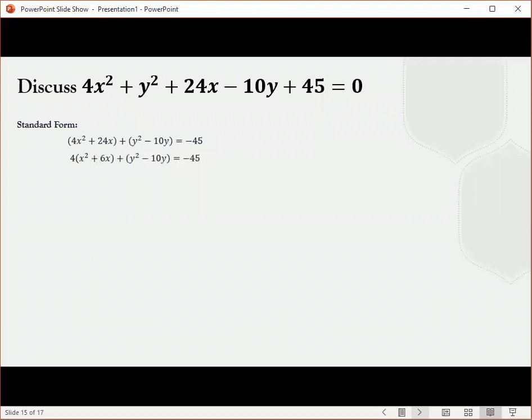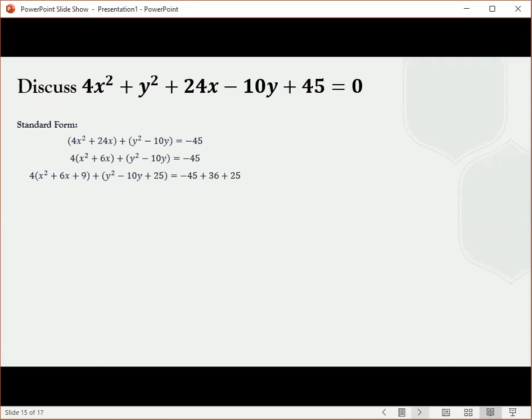Next is we factor out 4 to make sure that the numerical coefficient of x squared is 1. Next thing is we complete the square. So we need to add something on x and another on y. So we have here 4 times the quantity of x squared plus 6x plus 9 plus the quantity of y squared minus 10y plus 25.